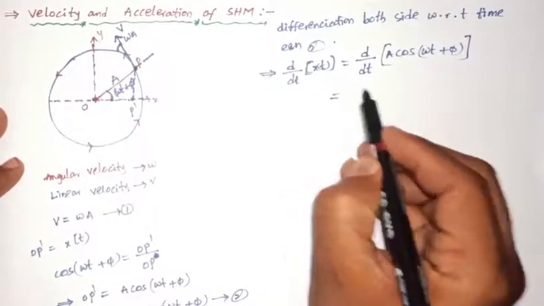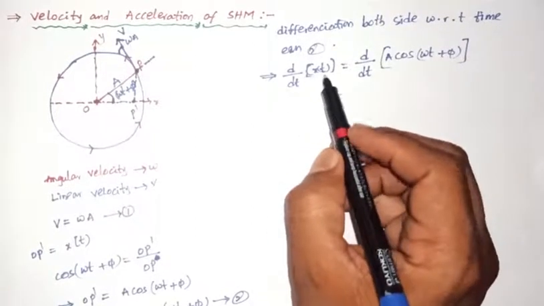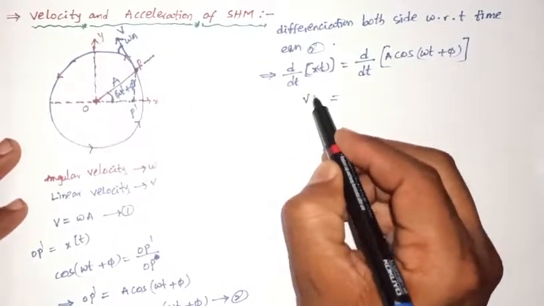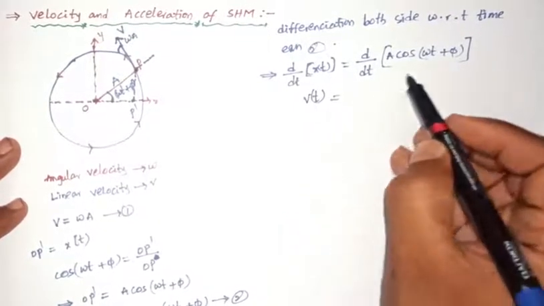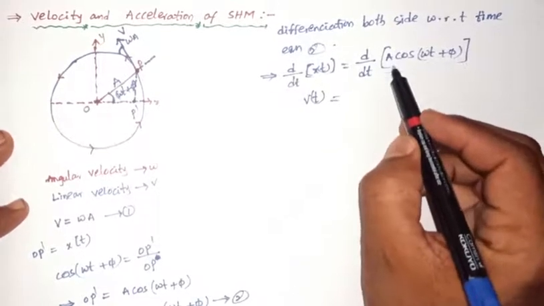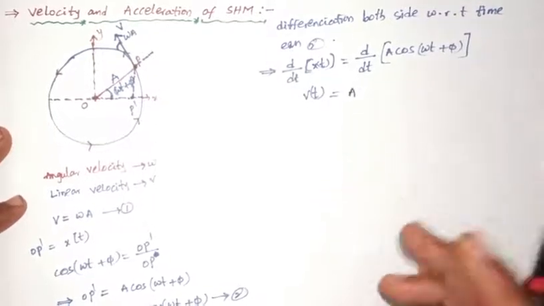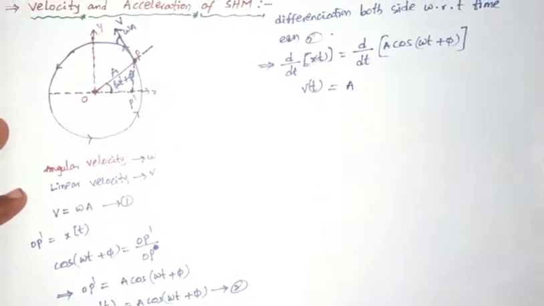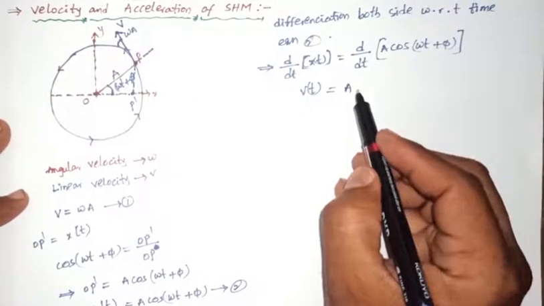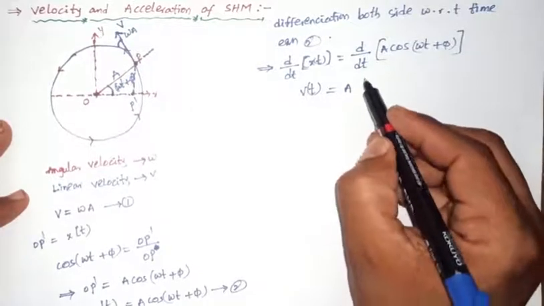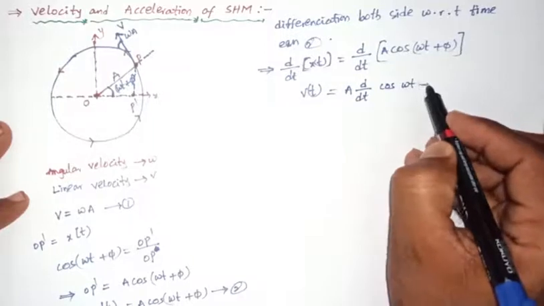The rate of change of displacement is nothing but the velocity, v of t. A is the radius, a constant, so v of t equals A times d by dt of cos of omega t plus pi.